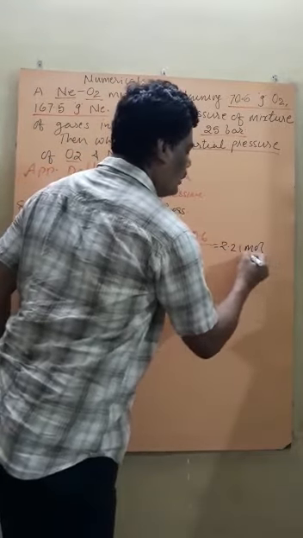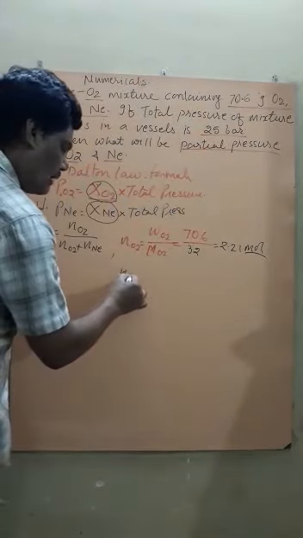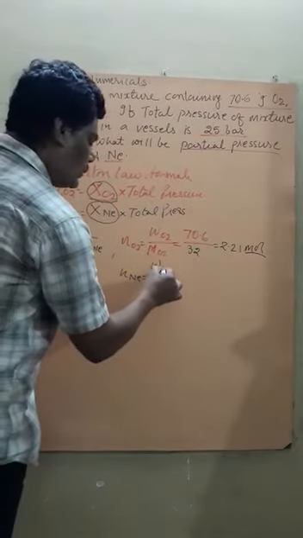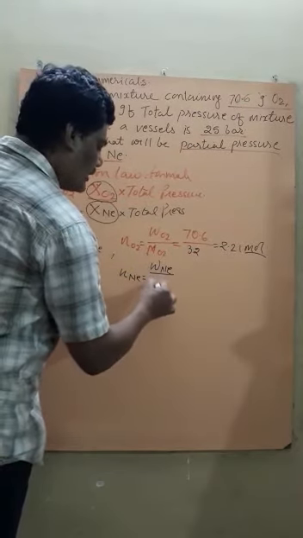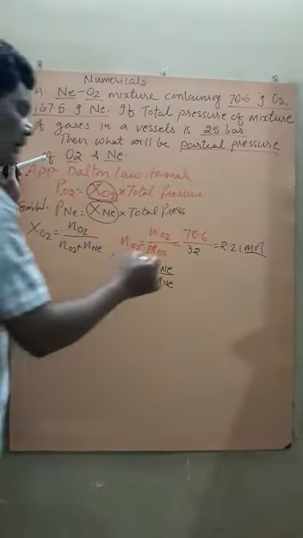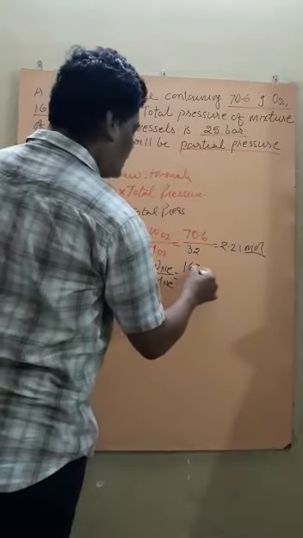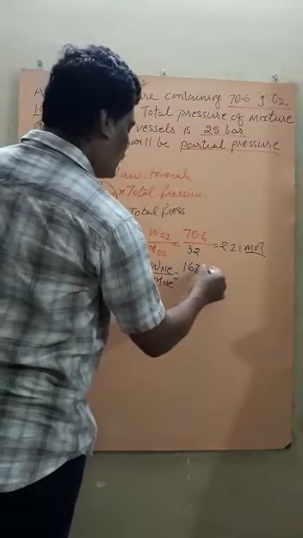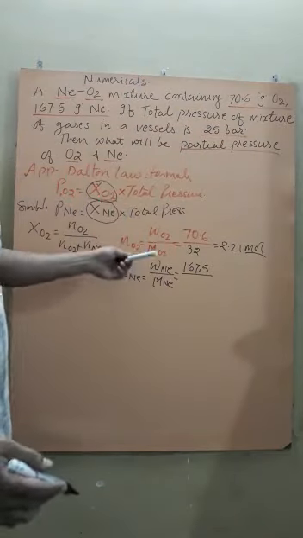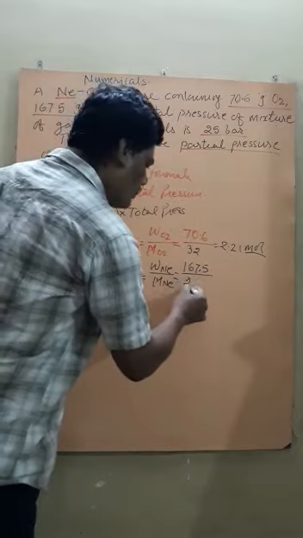2.21 mole. Okay. Similarly, the number of moles of any gas is equal to the weight divided by the molar mass. Now the weight of neon is given, 167.5, upon the atomic mass of neon, which is 20 gram per mole.